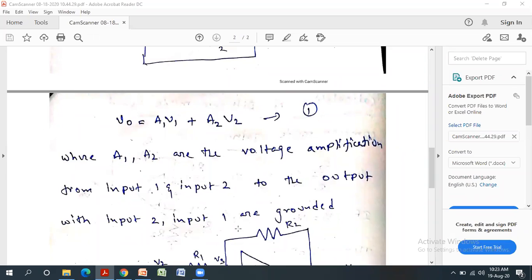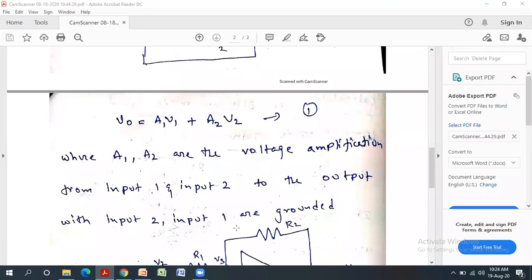It is the gain created through the common mode signal V suffix CM to produce a particular output in the differential amplifier. Through the average of V1 plus V2, there is created an additional gain at the output of the differential amplifier. That gain is called common mode voltage gain.